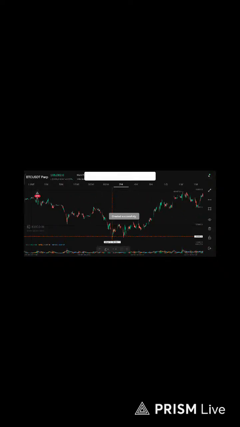You can come to this other side. You can say this is our higher low. This is our lower low. This is our higher low and this is our higher high. You can see this is our lower low, and we can say this is another higher high which breaks it. Have you seen it? This one breaks it, right?